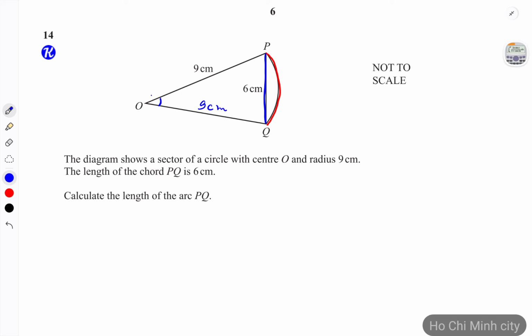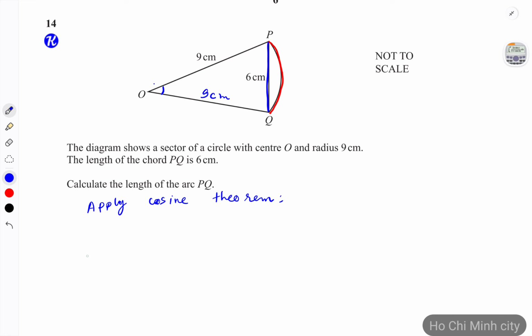All right, so because in this triangle we know the length of 3 sides, it is very easy for us to use the cosine theorem to work out the value of the angle POQ. So apply the cosine theorem.